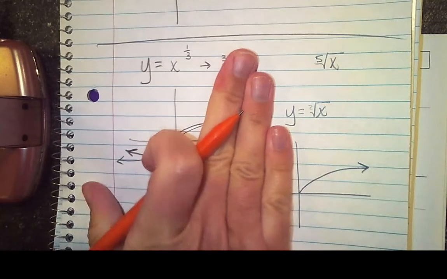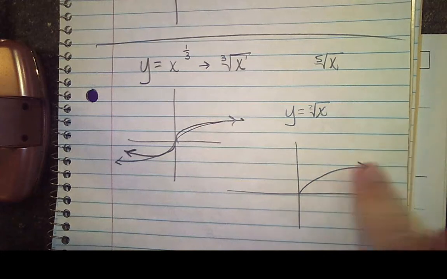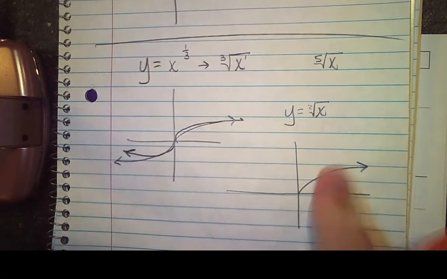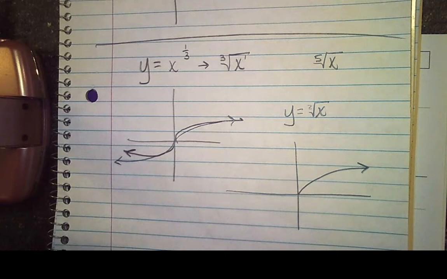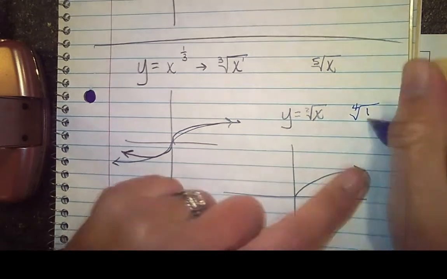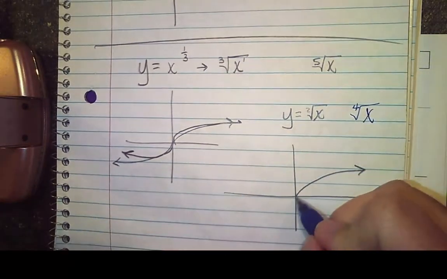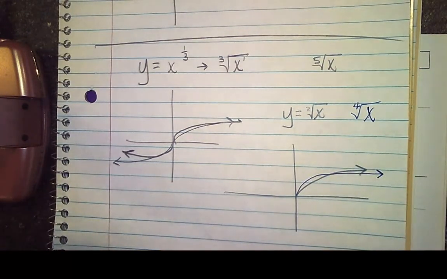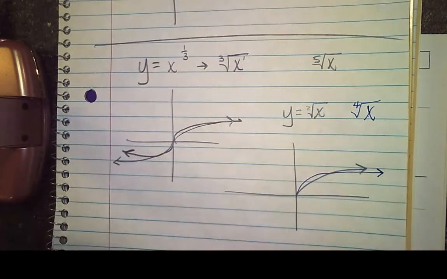He stops here. Okay, so he only shoots off in one direction, so he is not in next door quadrants. So that kind of ruined my little trick to remember how to do the patterns and stuff. So I've got a 4th root, and he'll be steeper and flatter. Okay, so even roots break the mold.